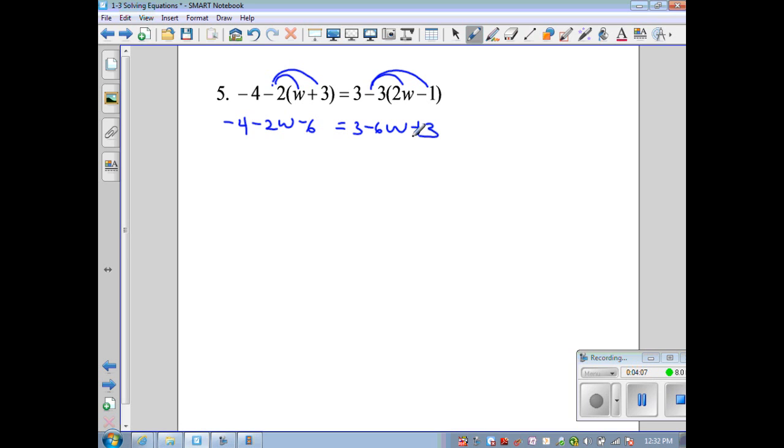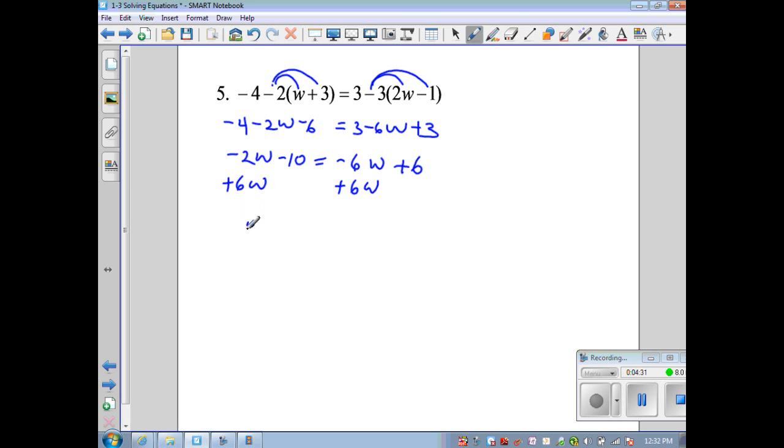Combine like terms on both sides, gives me a negative 2w minus 10 on the left side of the equal sign, and on the right, a negative 6w plus 6. Let's move the w's to the left side by adding 6w on both sides.